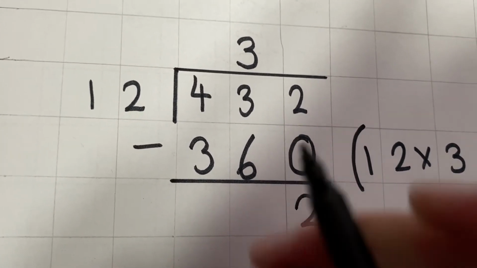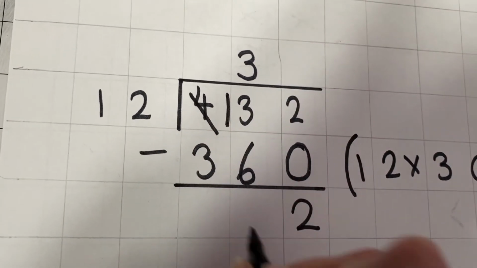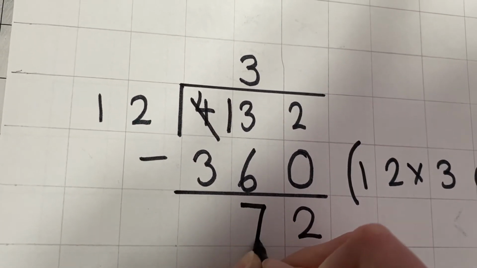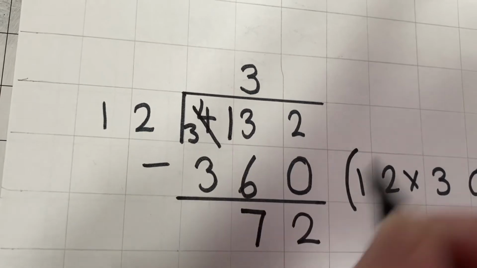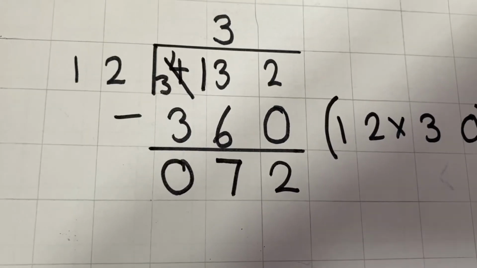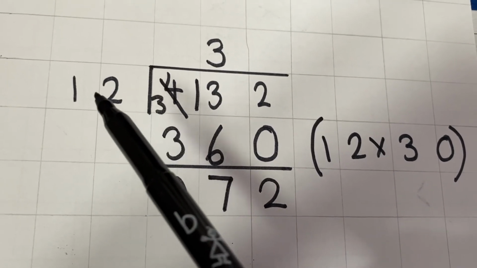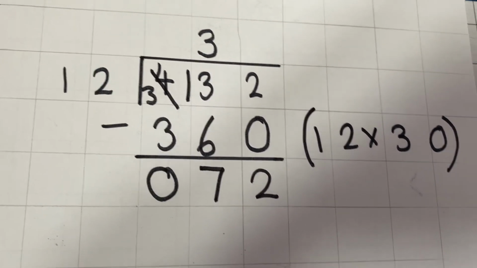30 take away 60, I will need to make an exchange. 130 take away 60, 70. 300 take away 300 is 0. I am now left with 72. I need to find how many multiples of 12 are in 72.